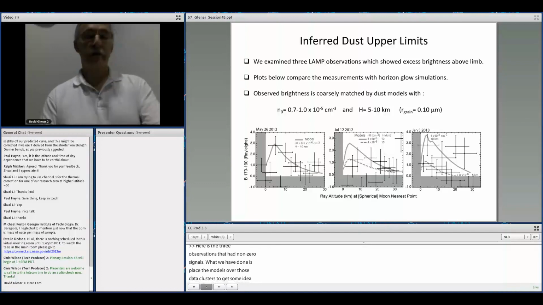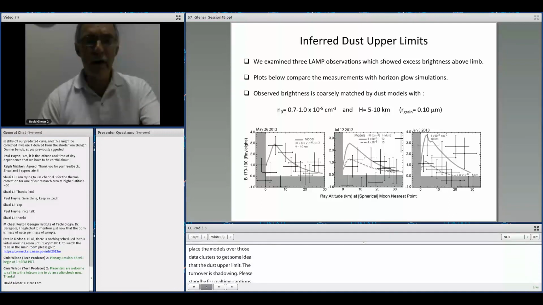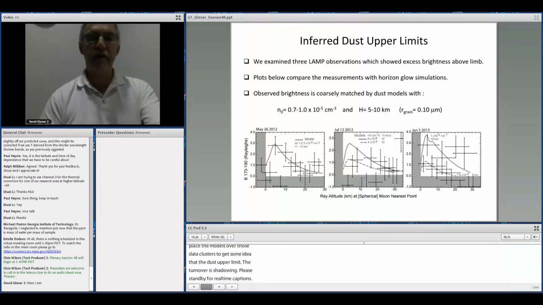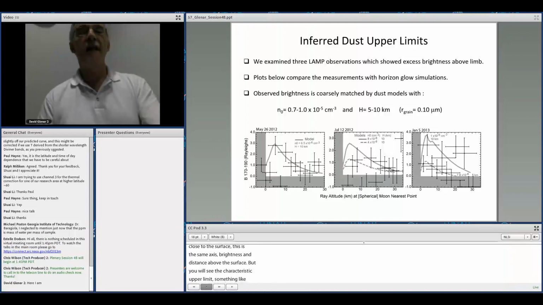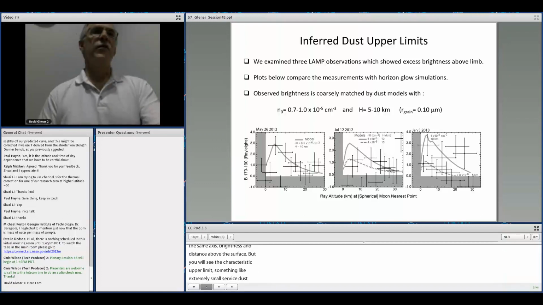That turnover is shadowing that you see close to the surface. Again, this is the same axis of brightness and distance above the surface. The grain shadowing depends on the specific geometry. But what you see is we hit a characteristic upper limit, an extremely small surface dust concentration, something like 10 to the -5 per cubic centimeter.